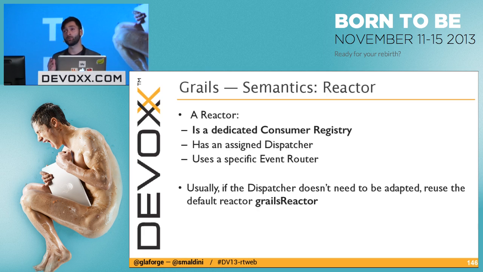And if you want a reactor to do different kinds of routing to your consumers, for instance, you have two consumers listening on the same topic, user registration. By default, Reactor is going to call all of them, publish-subscribe. But you may not want that. You may just want round robin because you want to scale up and you want the first available, the next one, to reply to you, to consume your event.